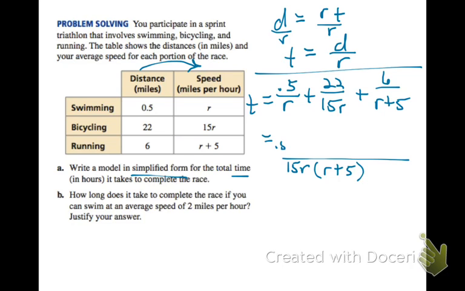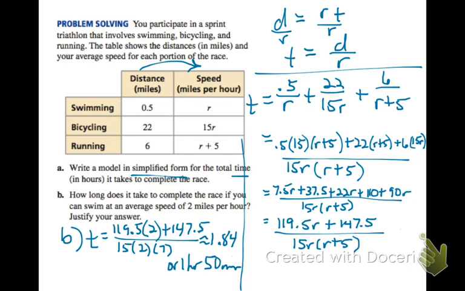So 0.5 I need to multiply by 15 and by R plus 5. 22 I need to just multiply by R plus 5. And then 6 I need to multiply by 15R. Alright, why don't you pause the video and simplify that and then come back and check your work.